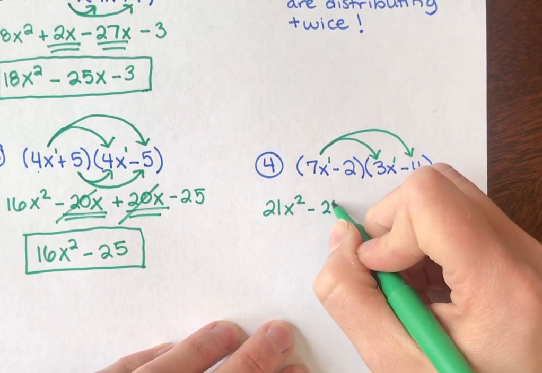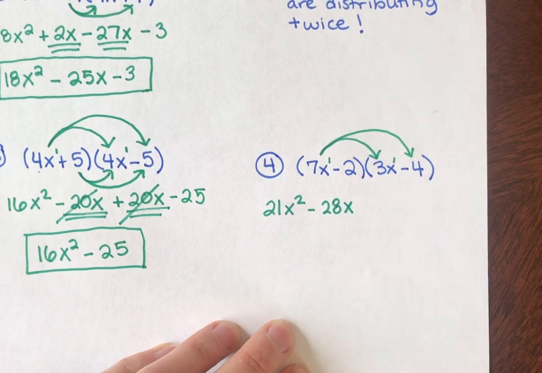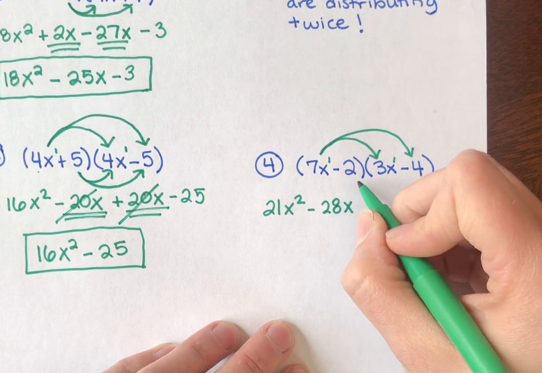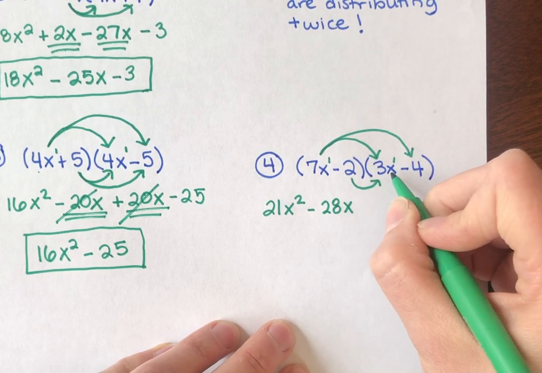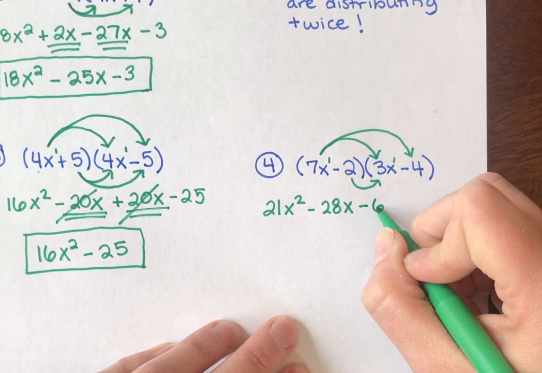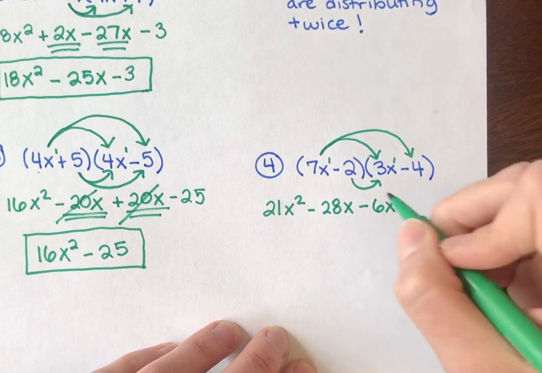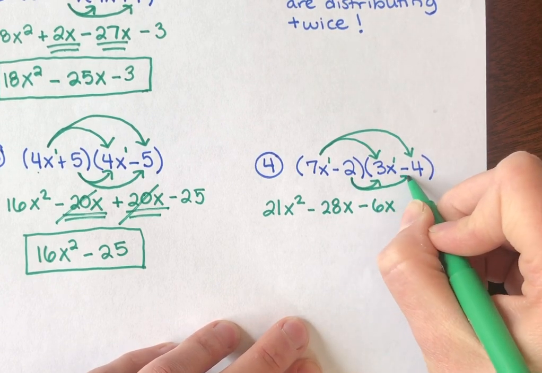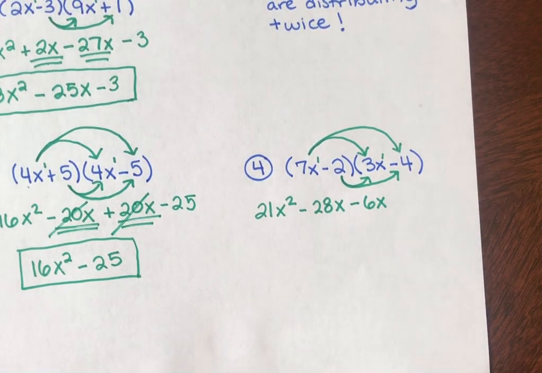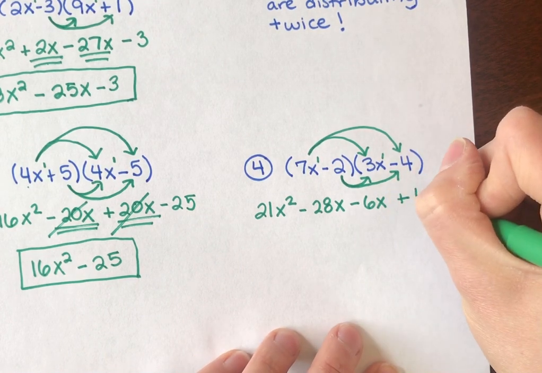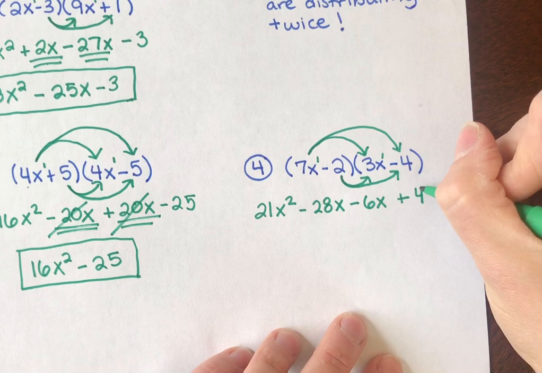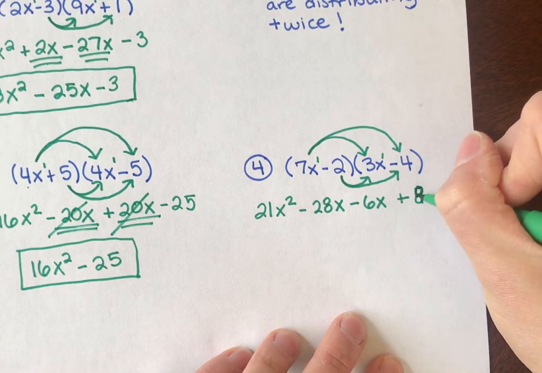And I get a negative 28x. All right. In the middle, I'm going to distribute, be careful, a negative 2. So negative 2 times 3x is a negative 6x. And negative 2 times negative 4 is a positive 8. All right, so be careful there.